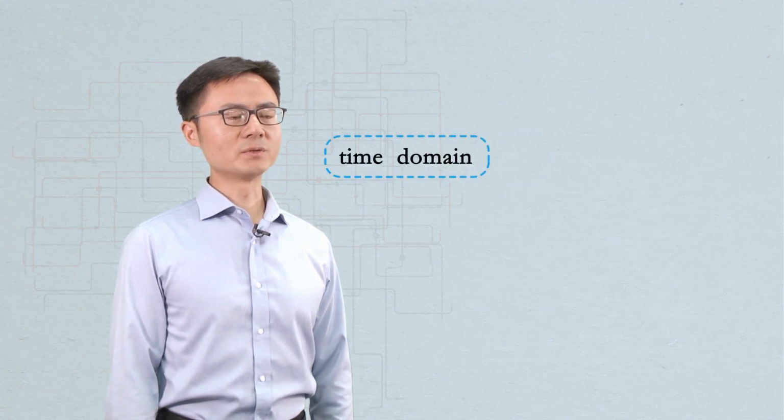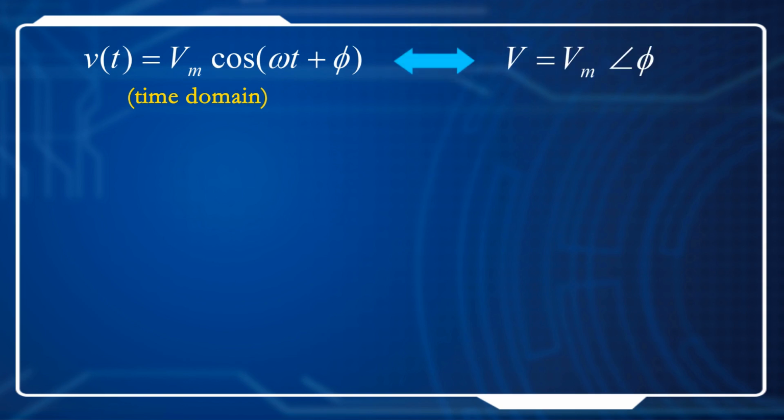Actually, the phasor transforms a sinusoid from the time domain to the phasor domain. A sinusoid like this, v(t) equals Vm cosine omega t plus phi, is in the time domain. And a phasor V equals Vm angle phi is in the phasor domain or frequency domain.